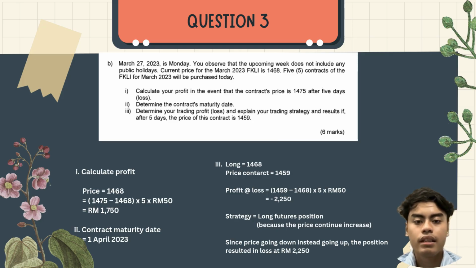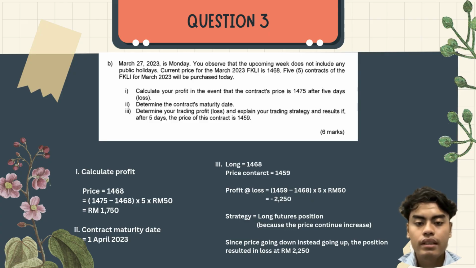For part 1, if the price increases from 1,468 to 1,475, the trader earns a profit. The formula is selling price minus buying price, multiplied by number of contracts, multiplied by 50 ringgit. So the answer is 1,750 profit.